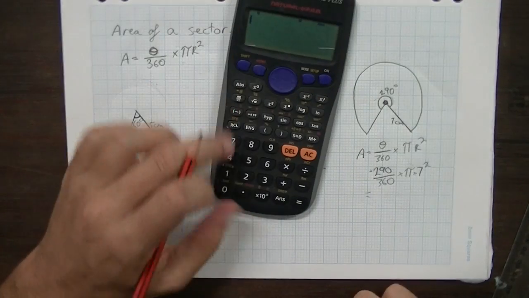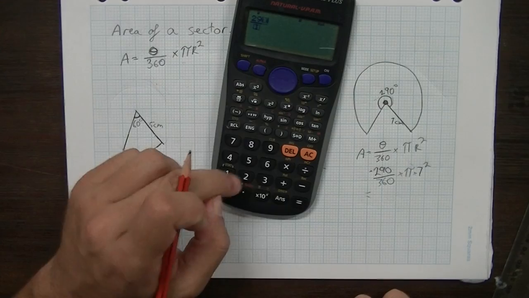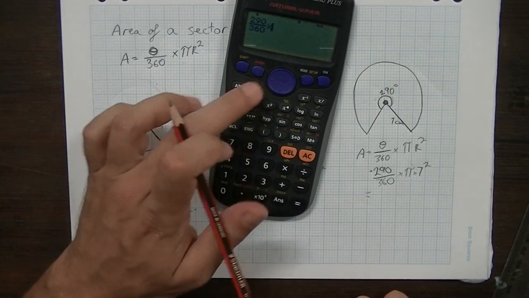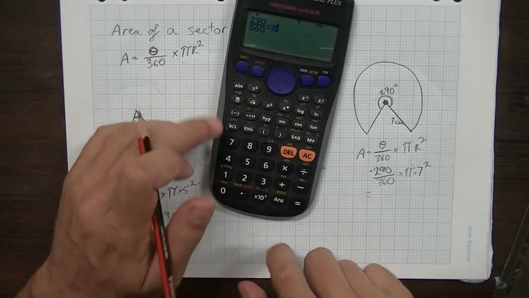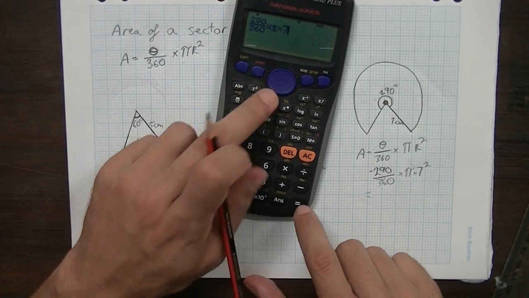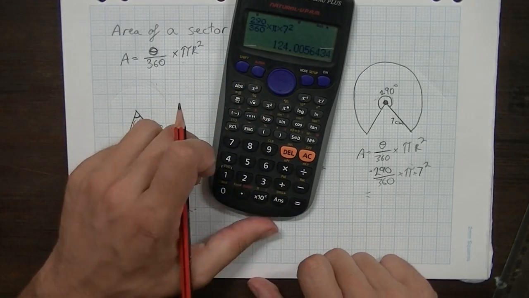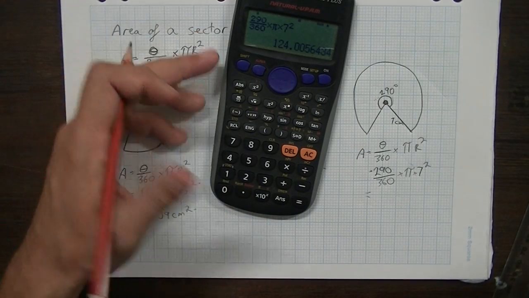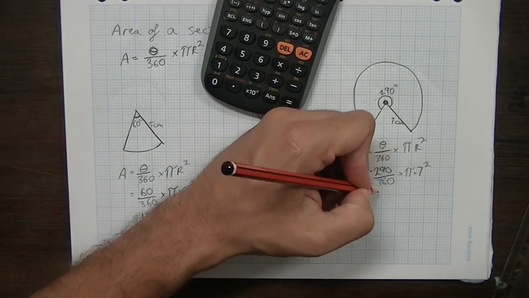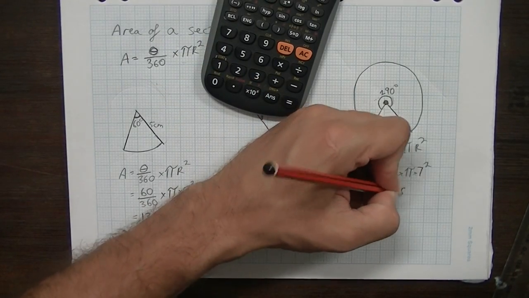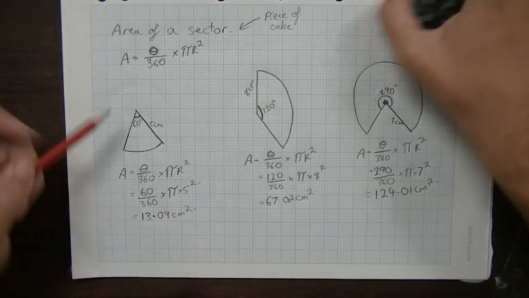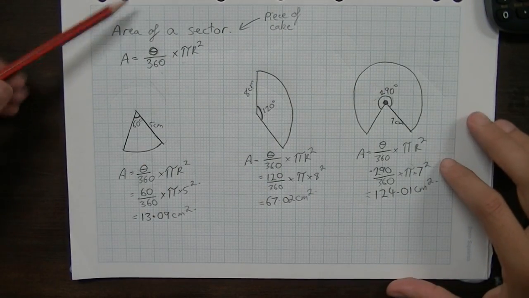Type that all into your calculator. 290 over 360 times pi times 7 squared. We get 24.005, which would round up to 24.01 centimetres squared.